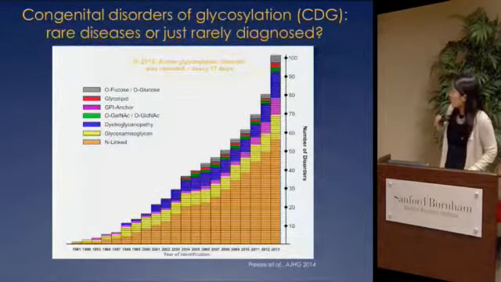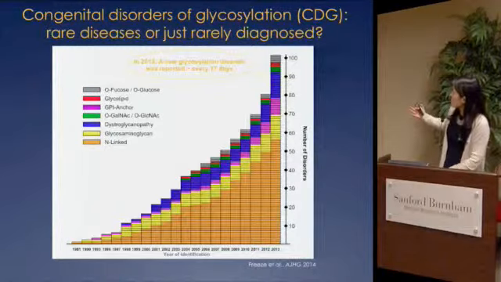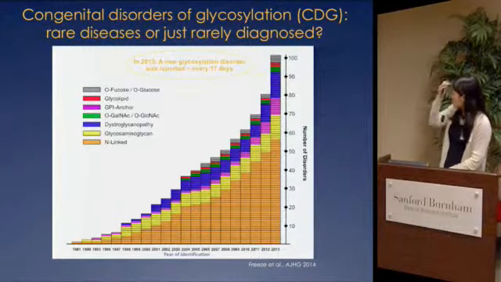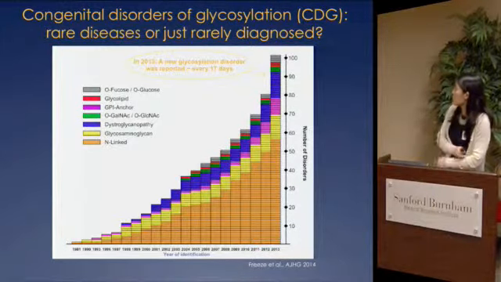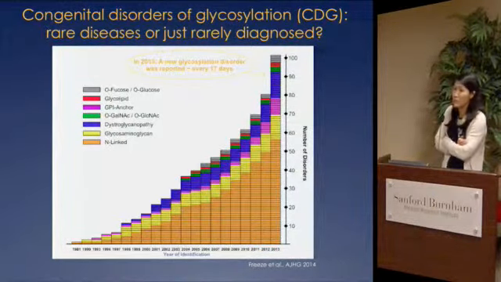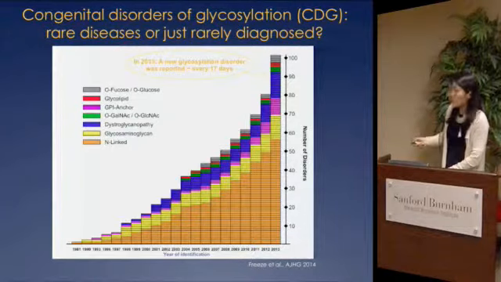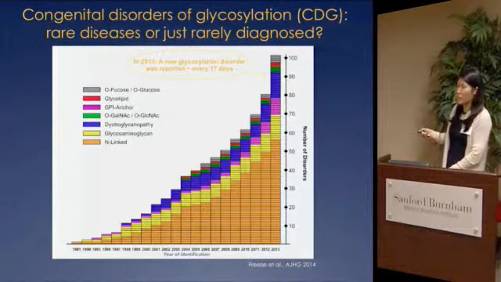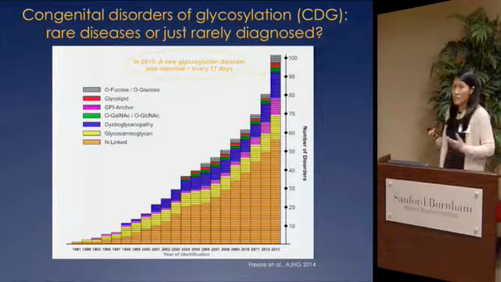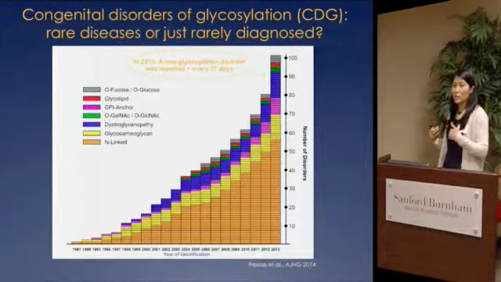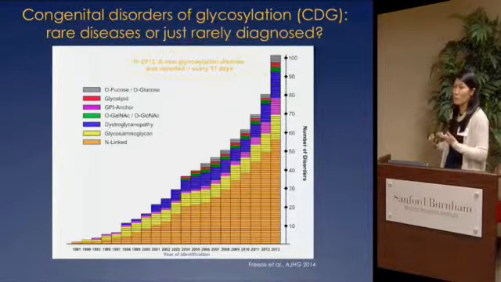This is the cumulative number of the glycosylation disorders that have been identified, and in 2013 alone, a new glycosylation disorder was reported every 17 days. I am a pediatric hepatologist by training, and during my fellowship and residency, CDGs were number 20 out of 20 on the differential diagnosis for babies born with jaundice.